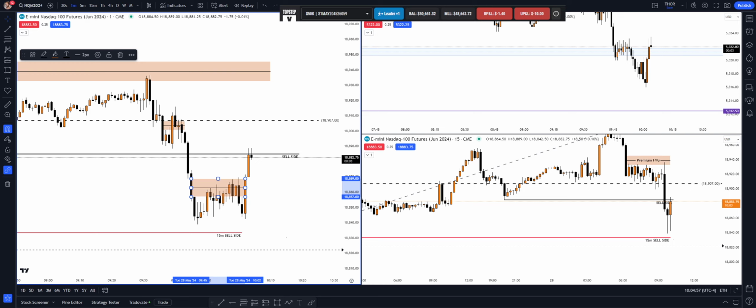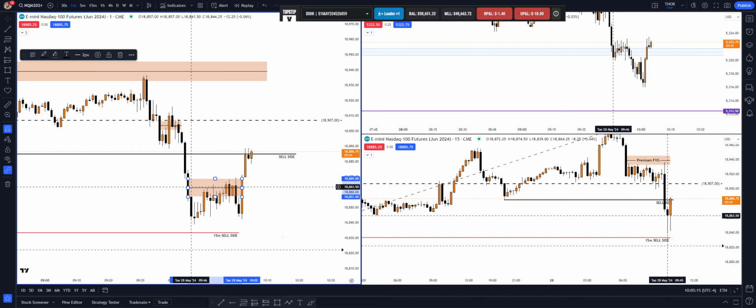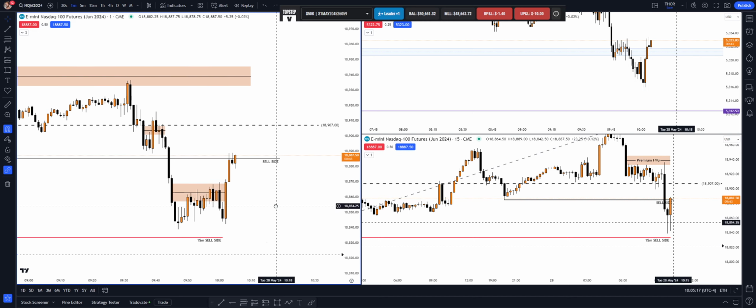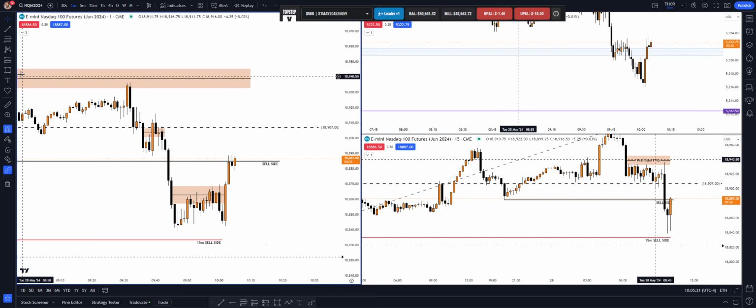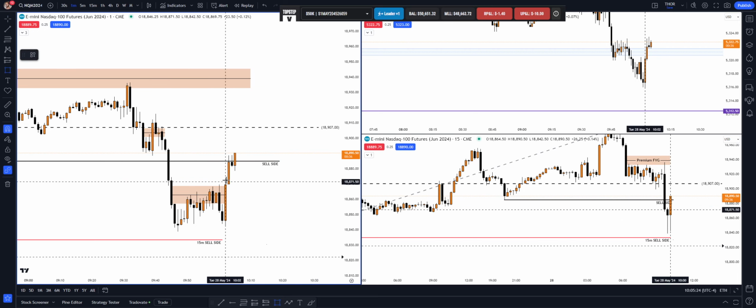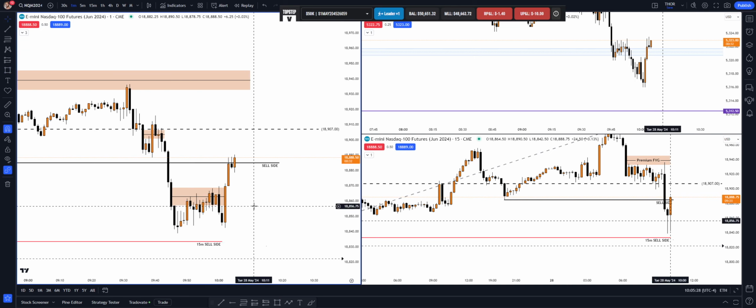I'm getting paid somewhere. What the fuck? So basically I'm just waiting for a trap or the 1 minute order flow to turn bearish here. Maybe accumulate here, invert this, then I'll look for shorts.